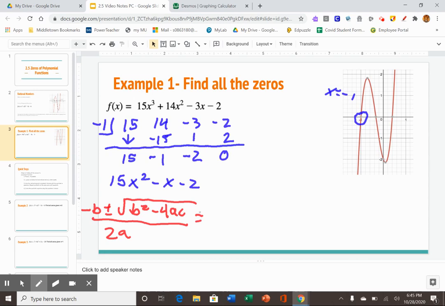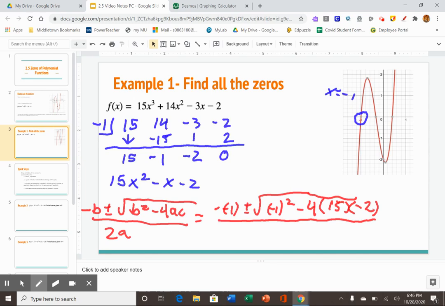So that equals the opposite of -1 plus or minus the square root of -1 squared minus 4 times 15 times -2. That whole thing over 2 times 15.